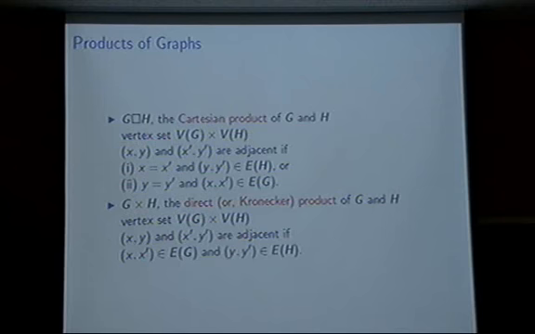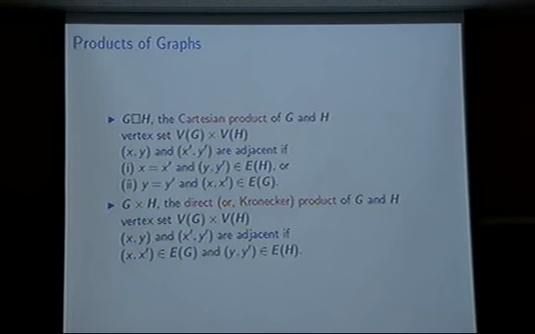And let me introduce products of graphs. When you have two graphs, G and H, their Cartesian product is defined as follows. Their vertex set is the set of ordered pairs of a vertex of G and a vertex of H. And (x, y) and (x', y') are adjacent if x is the same as x' and y and y' are connected in their original graph, or the other way around.